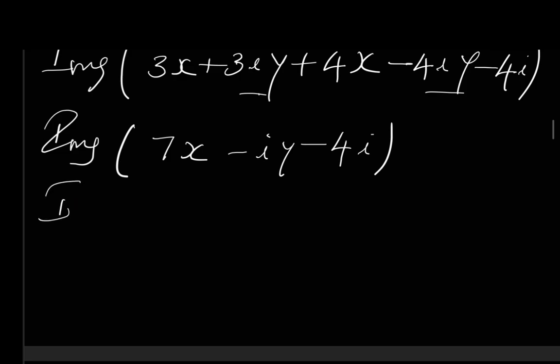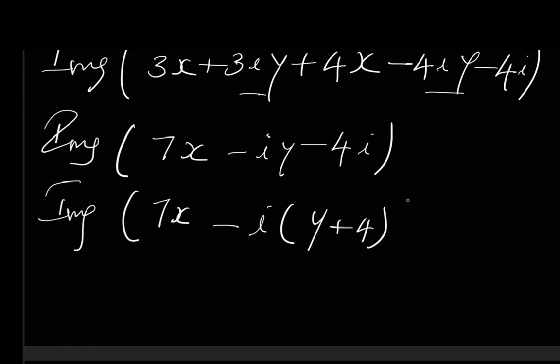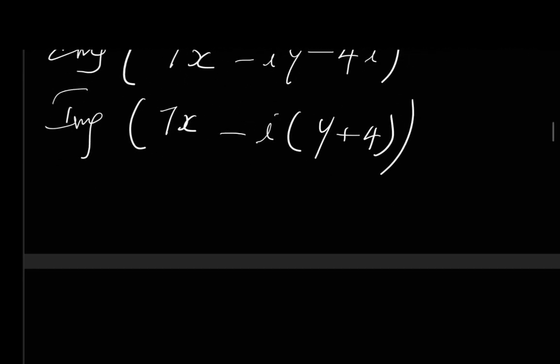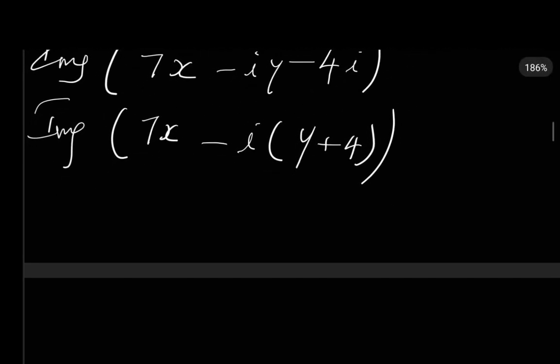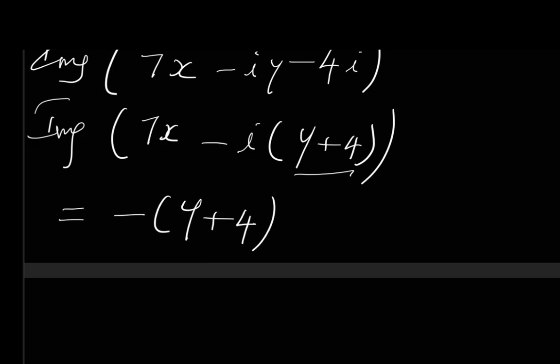So imaginary of 7x minus i into (y plus 4). I need only the imaginary part of this. So imaginary part is minus (y plus 4). This is the answer.